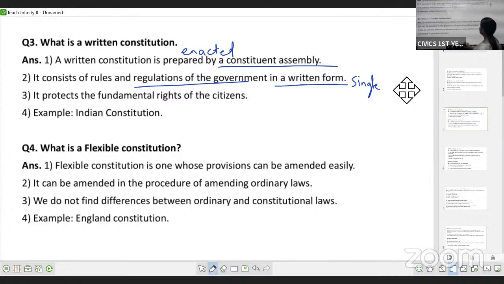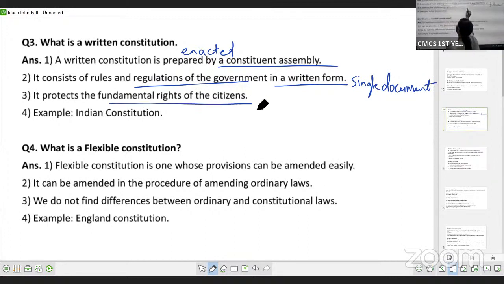As all the provisions are in written form, it protects the fundamental rights of the citizens.